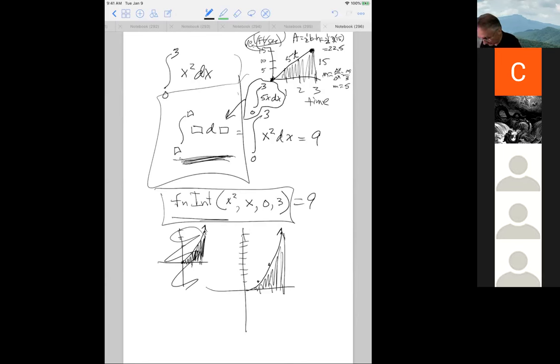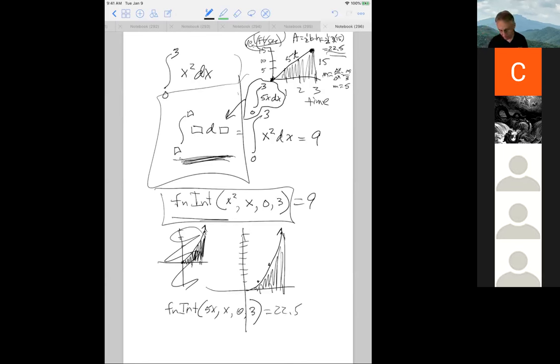Those with the TI-83, we do math 9 and have this on our screen. You plug in 5x, x because that's the variable of concern, going from 0 to 3. See what you get. The answer should be 22.5.